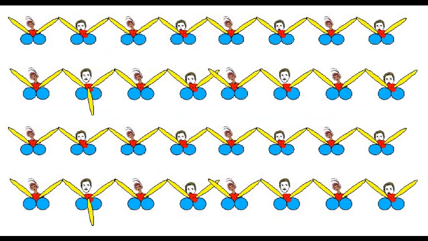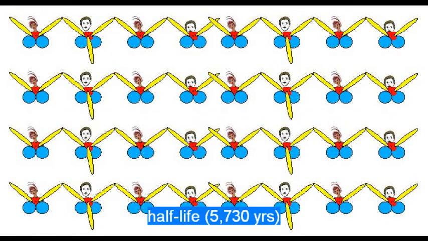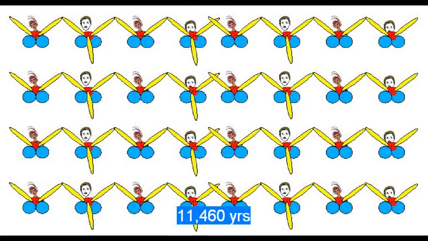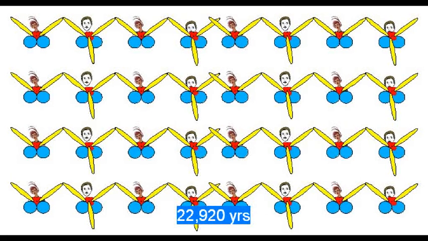At C14's half-life of 5,730 years, half of all the C14 have already decayed back into nitrogen atoms. The remaining half needs another half-life of 5,730 years. After each 5,730 interval years, half of the C14s decay back into nitrogen.